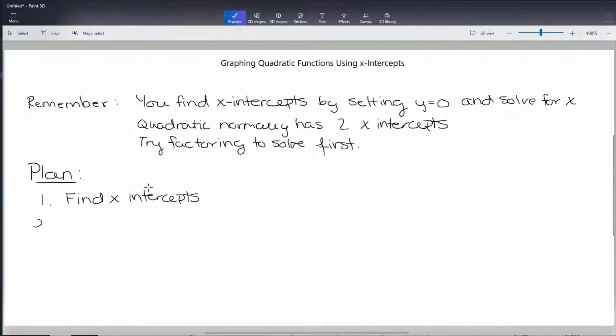Then we are going to find h of the vertex. Remember, we've been calling the vertex (h, k). So we're going to find the x part of the vertex, and we'll do this by saying it's halfway between the x-intercepts.